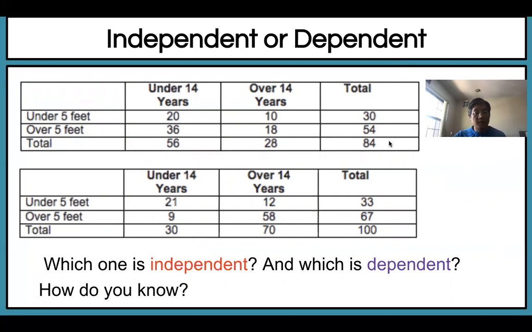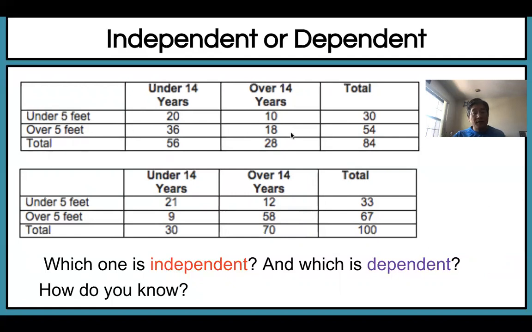If you look at under 5 feet, among the people who are under 5 feet, under 14 years is 20 people, over 14 years, 10 people. What is the ratio? 2 to 1, right? How about over 5 feet?